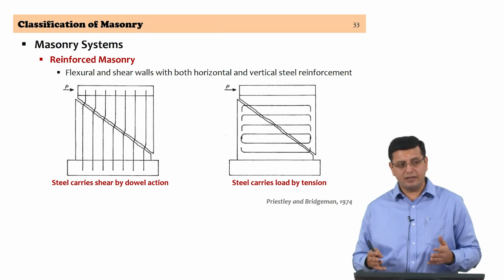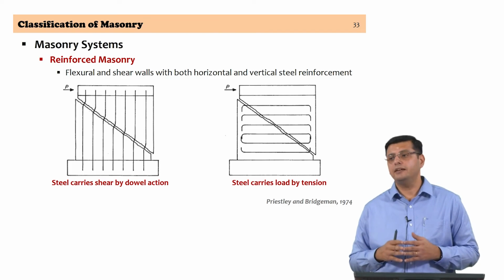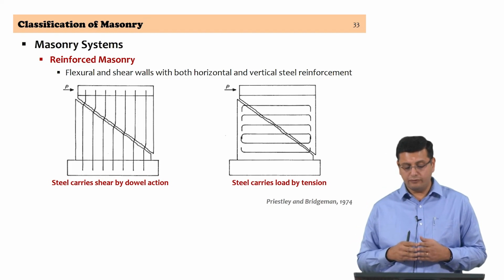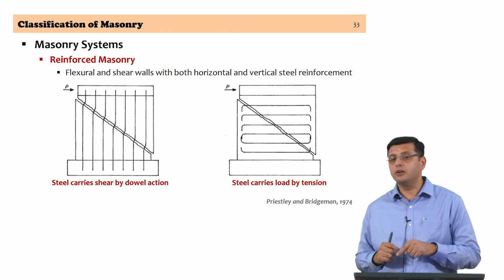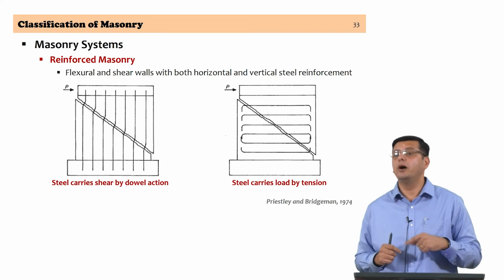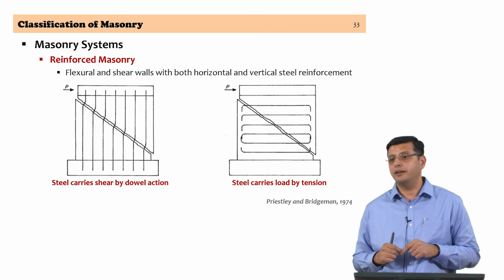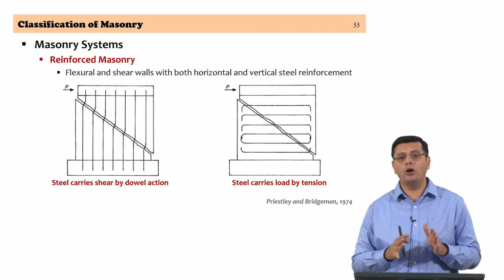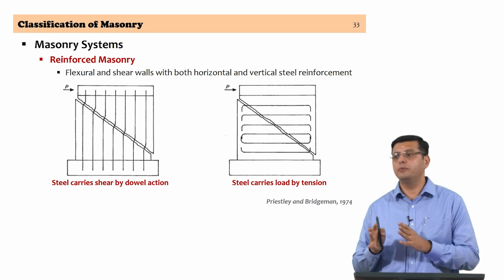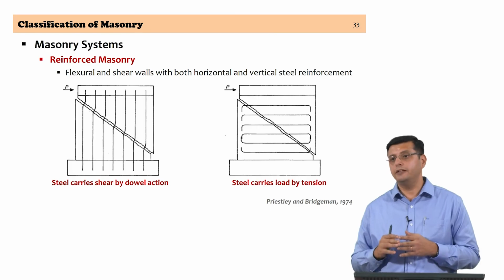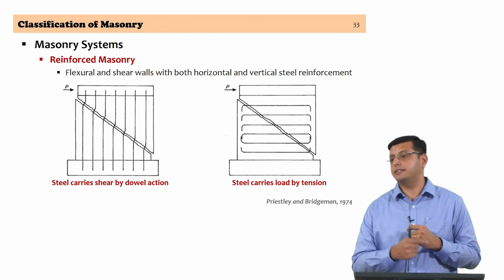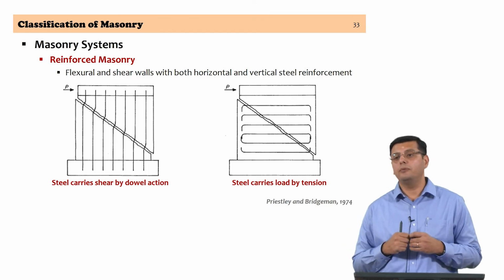It is established both experimentally and from an understanding of the behavior of reinforced masonry that the horizontal steel is the one that makes the vertical steel work more effectively under the action of lateral forces, which means if you have a wall that is constructed reinforced only with vertical steel and a wall which has both vertical steel and horizontal steel, the wall with the horizontal steel can resist lateral forces almost 3 times as well as a wall without horizontal steel.